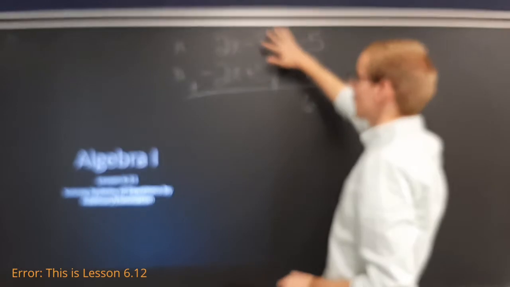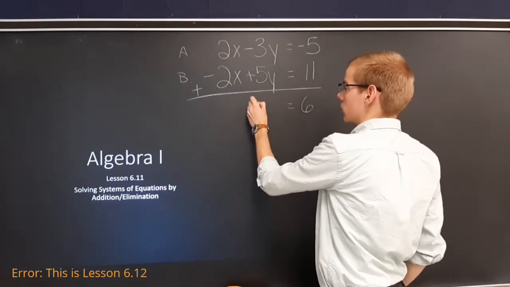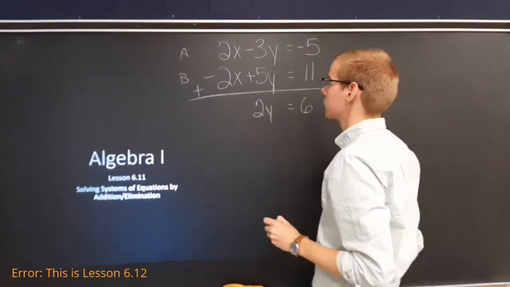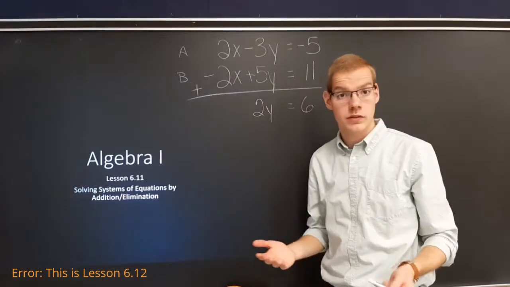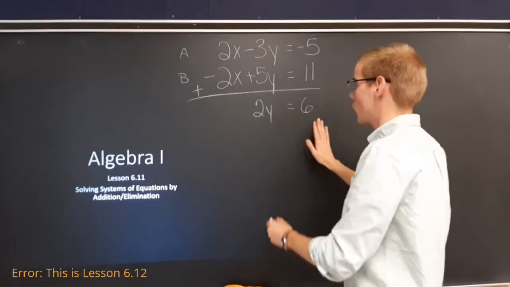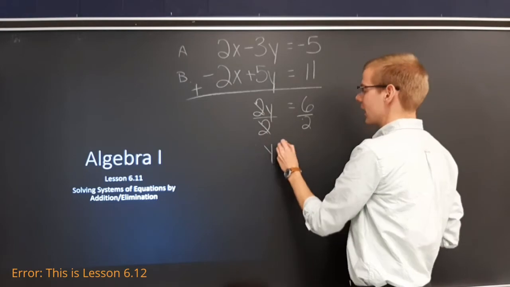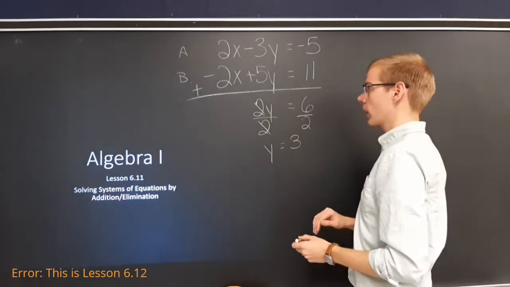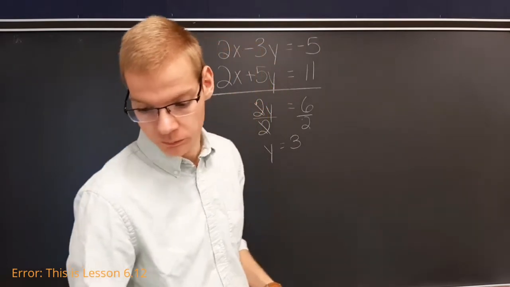Then negative 3y plus 5y is 2y. And then 2x minus 2x is nothing. Now you can solve this. Divide both sides by 2. y equals 3.